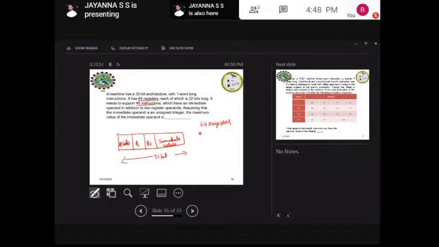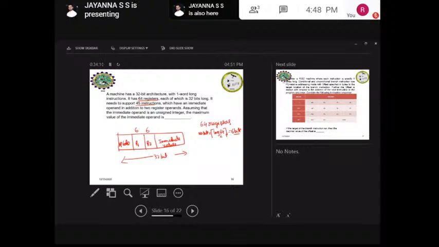So now we have to calculate the number of bits to represent every register, that is ceil of log 64 with base 2, you will get 6 bits. Therefore, for R1 we require 6 bits and for R2 we require 6 bits.